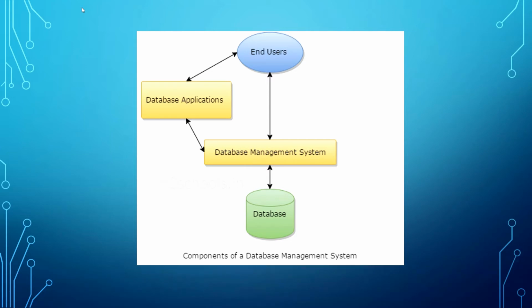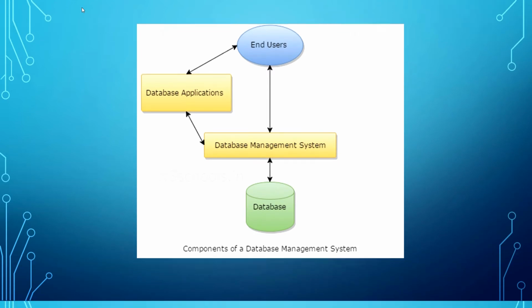Next is the database management system, which is software that allows users to create and manipulate the database. And last is the database itself, which is a collection of logical data as a single unit.